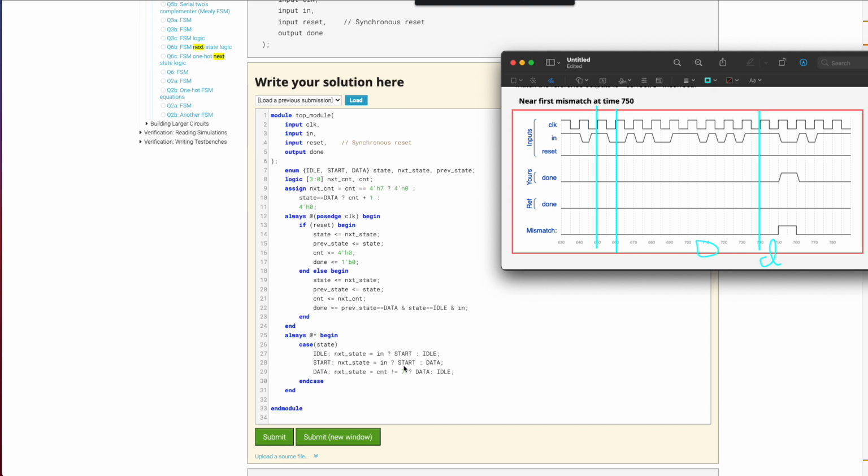So if this is 1 and we're at start, then this can't be done.